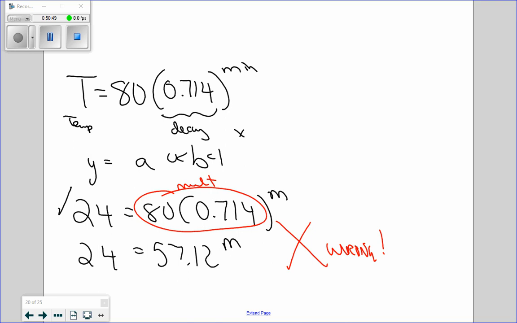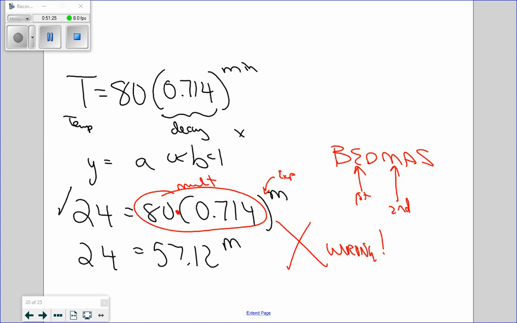What this comes down to is BEDMAS. This is multiply. This is an exponent. In the word BEDMAS, what do you have to do first? You have to do brackets first, then exponents, then multiply. They did the multiply first, and then they're going to deal with the exponent. That is the problem. Okay.